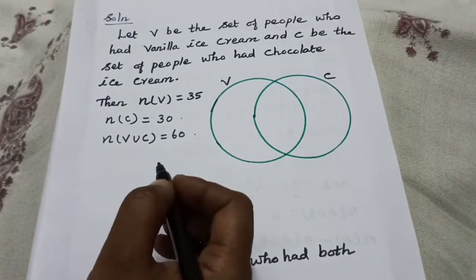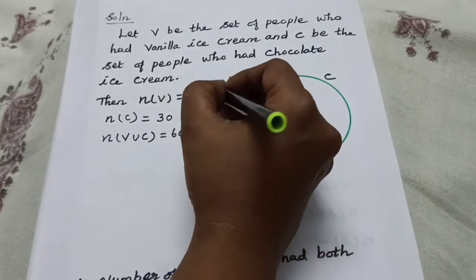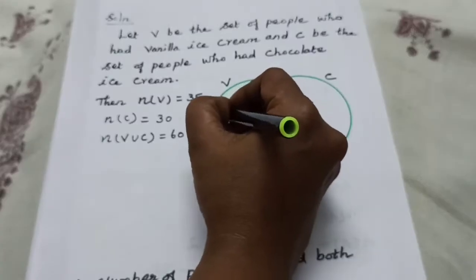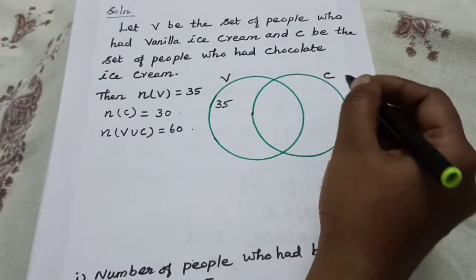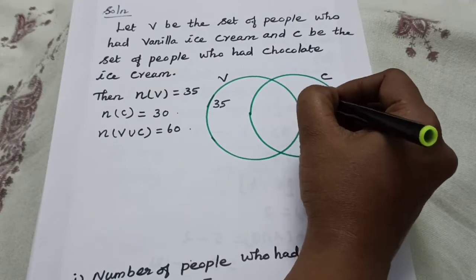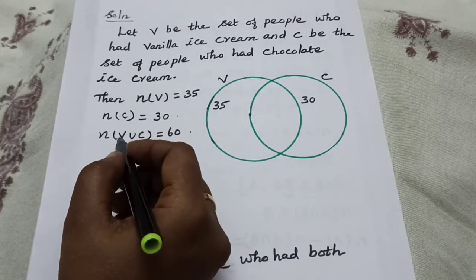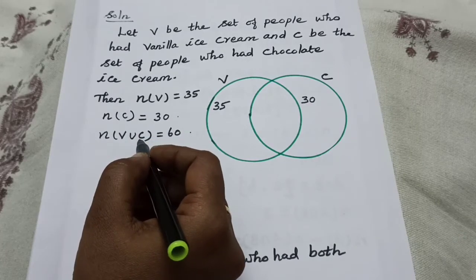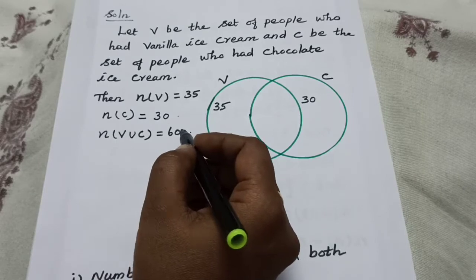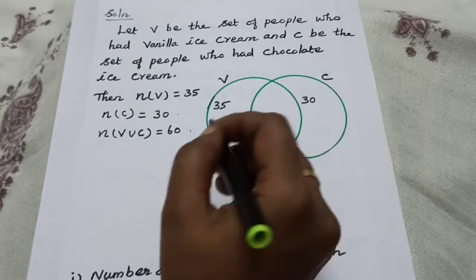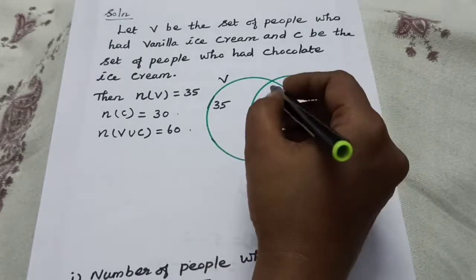Have you understood? Then here what is given? Vanilla ice cream, how many of them using? 35. Then chocolate ice cream, how many of them using? 30. Here n of V union C is equal to what? 60 is given, isn't it? Here this middle part, vanilla ice cream and chocolate, both also, how many of them using?